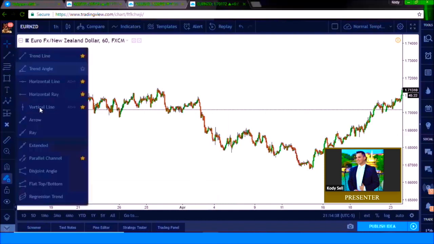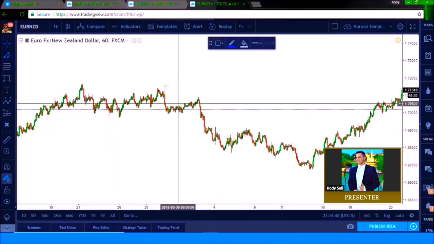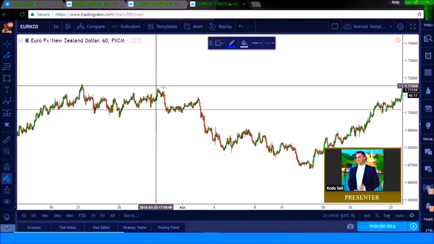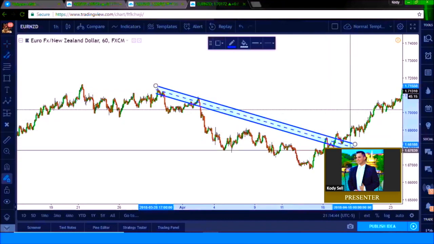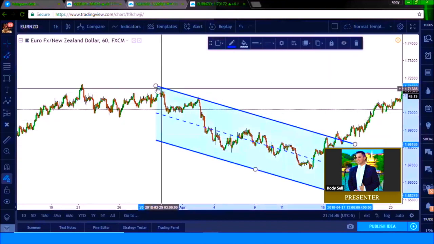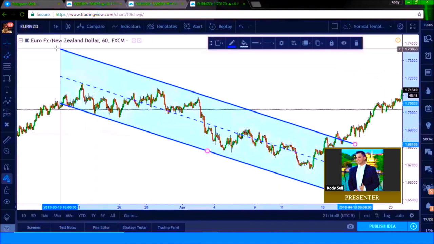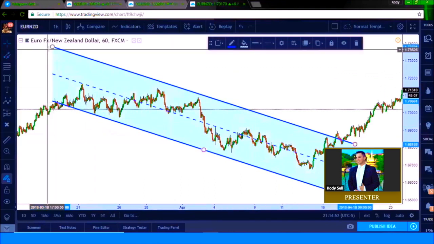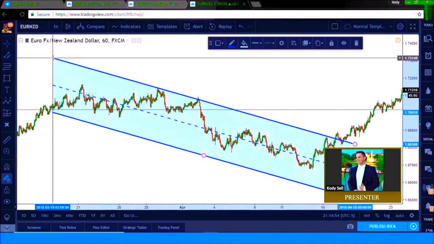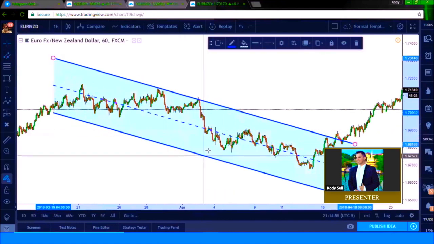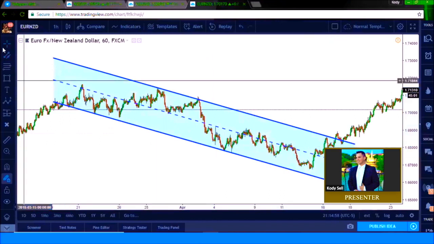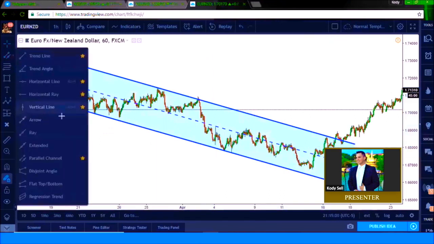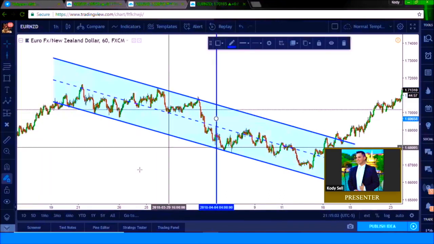So let's take a look at what we've got over here, okay? So we've got a bearish channel coming through here, and we're going to walk this through in a live market kind of fashion here. Let me bring this down more like that. Bring this guy up. Okay, and I'm going to put a vertical line maybe right in here, okay?